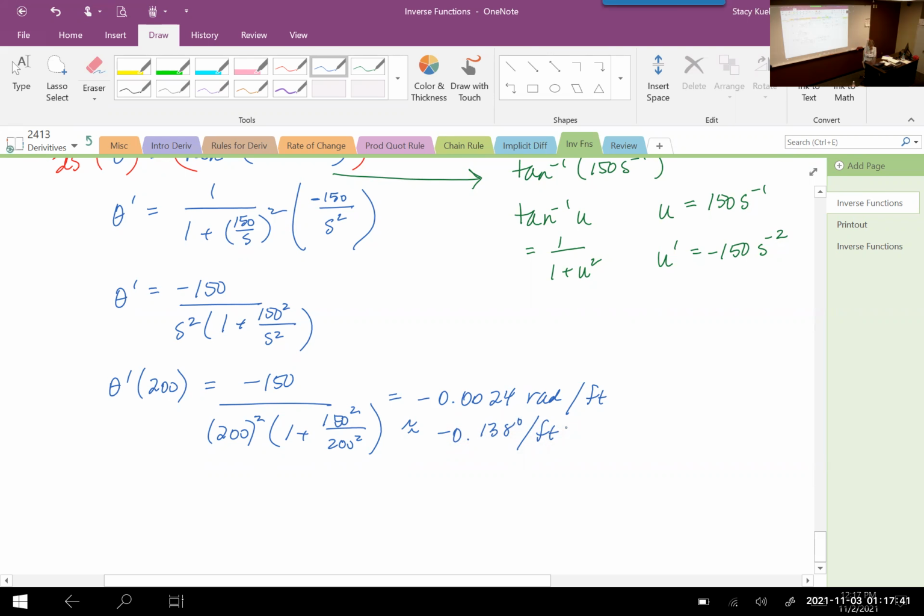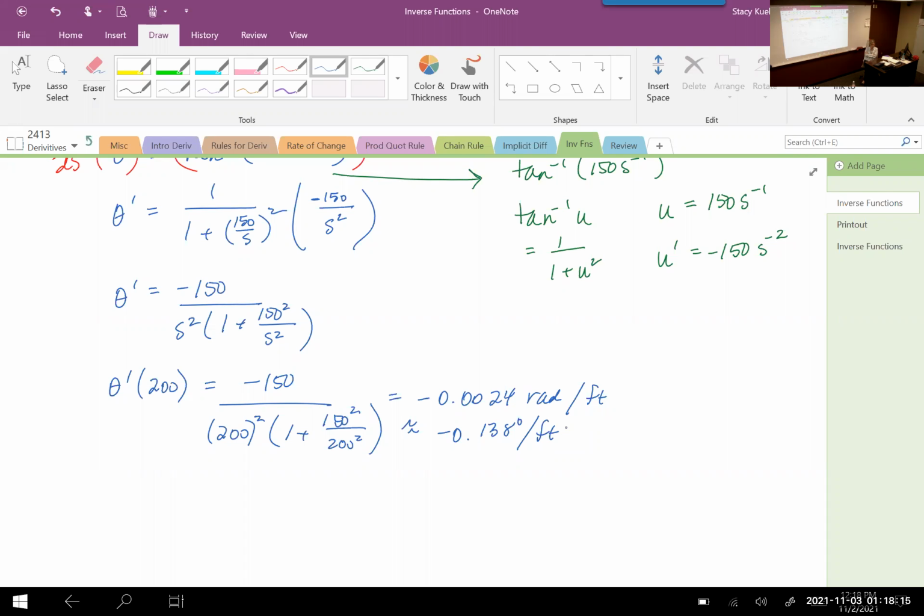So if you were asked to interpret that, you might say, okay, when the shadow length is 200 feet, the angle of elevation is changing at a rate of negative 0.138 degrees per foot. Or maybe you would say the angle of elevation is decreasing at a rate of 0.138 degrees per foot, all right? Basically, it's just an application of our inverse functions.